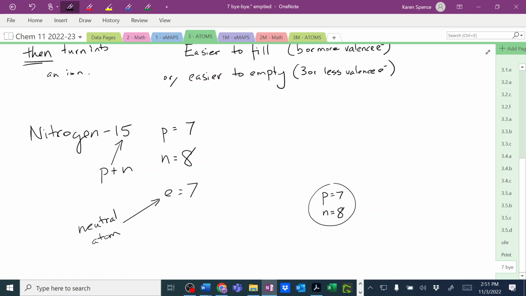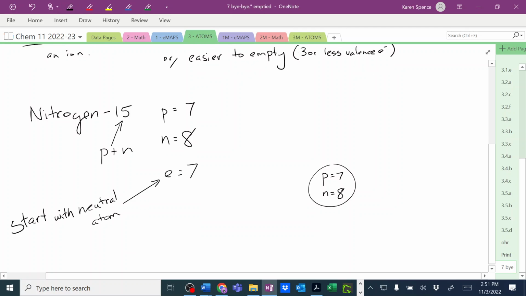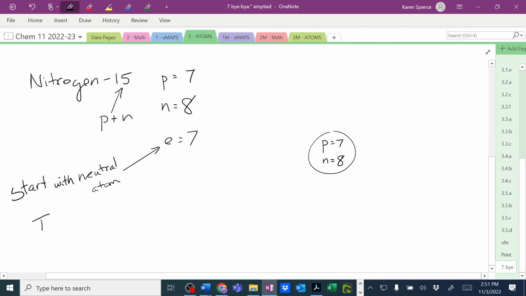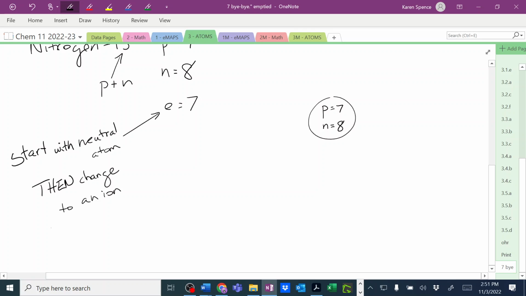Start with the neutral atom and then transform it into an ion, then change to an ion by adding or subtracting electrons.